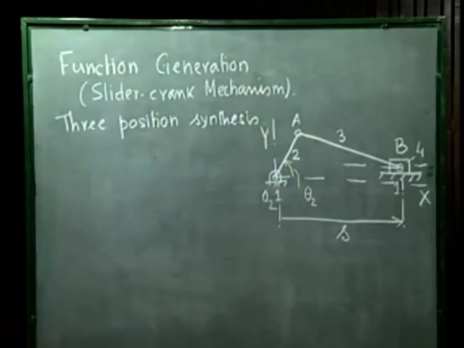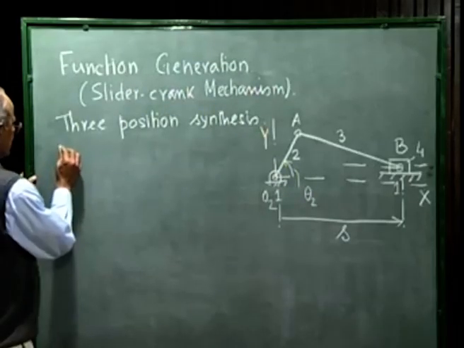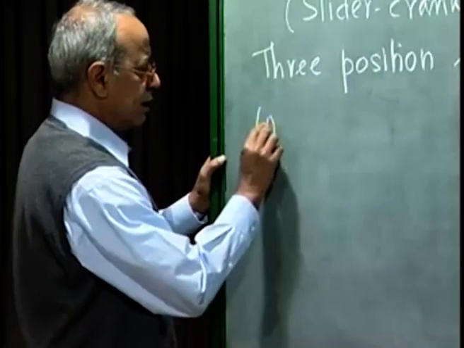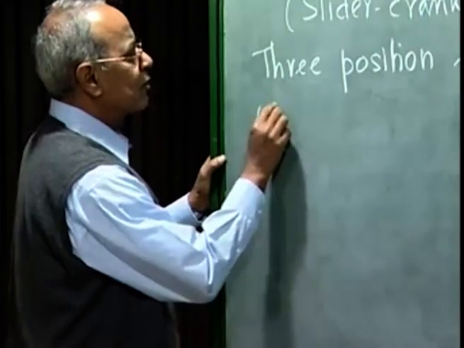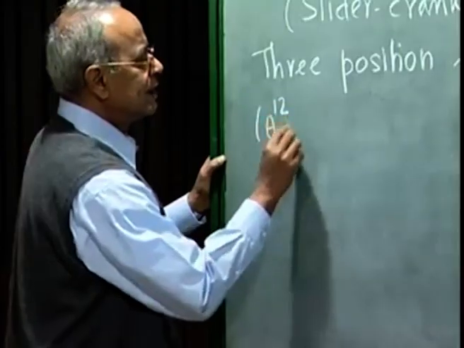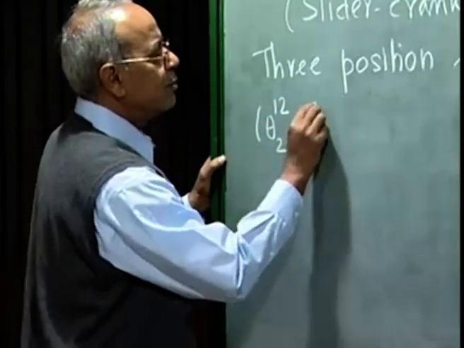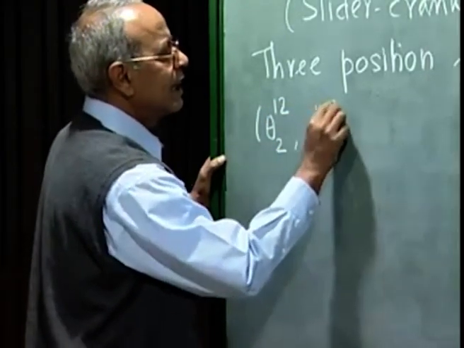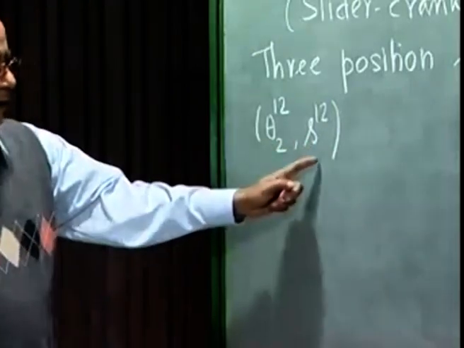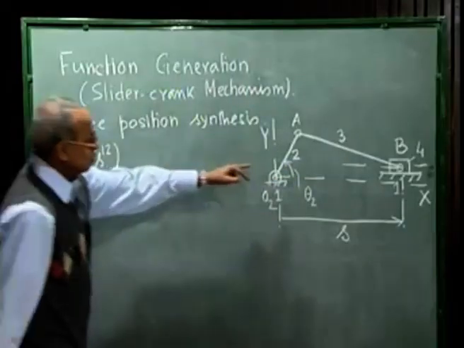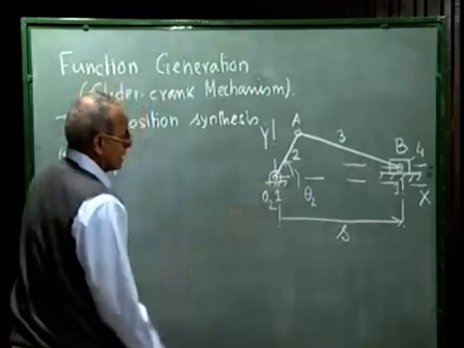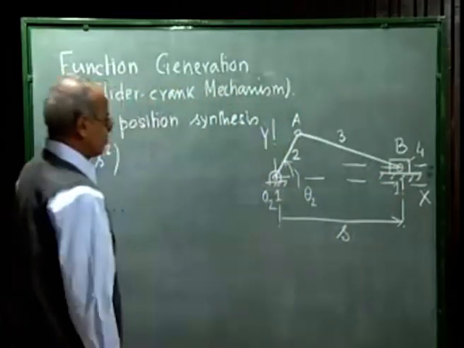By 3 position synthesis, we mean that we have to generate 2 pair of coordinated movements of the input link, that is the crank, and the output link, that is the slider. Link number 2, this crank, is the input link, and link number 4, the slider, is the output link.